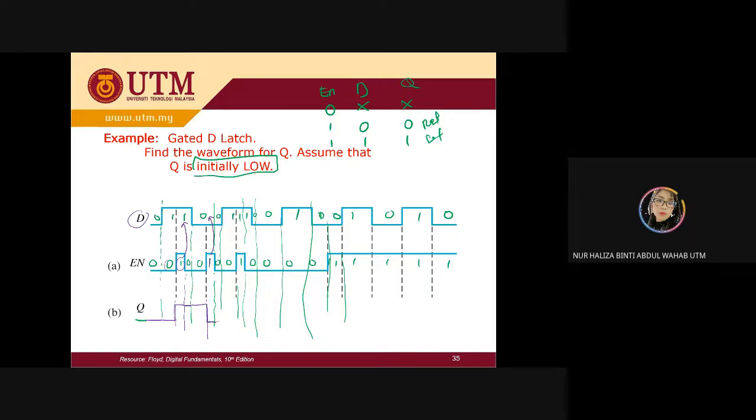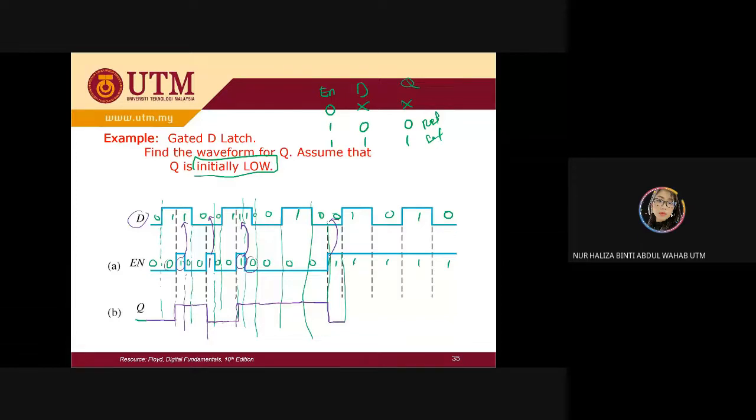Here is 0, no change. Here is 0, no change. Until I meet another 1 here, I refer to my input, and it is 1. Here is no change. Here is no change. Here is no change, no change until I meet 1 here. I need to refer to my input. It is 0.